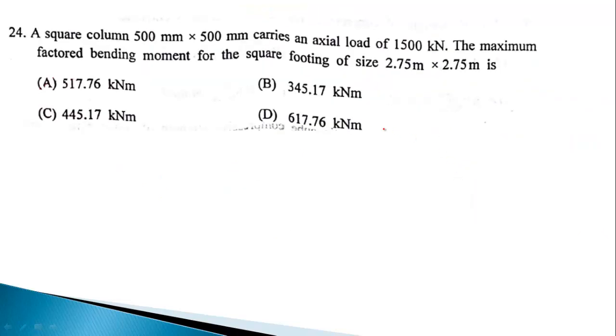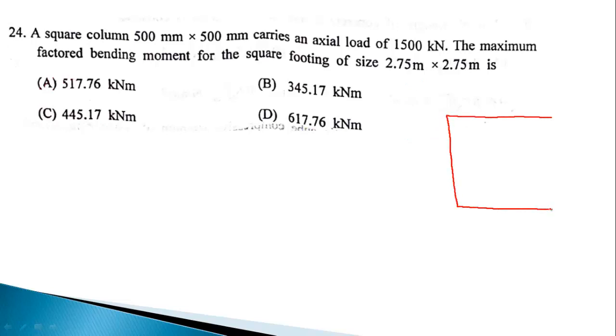So let's go to the next one. It's a question from footing. It's given that a square column of 500 mm carries an axial load of 1500 kilonewton. The maximum factored bending moment for the square footing of size 2.75 m.